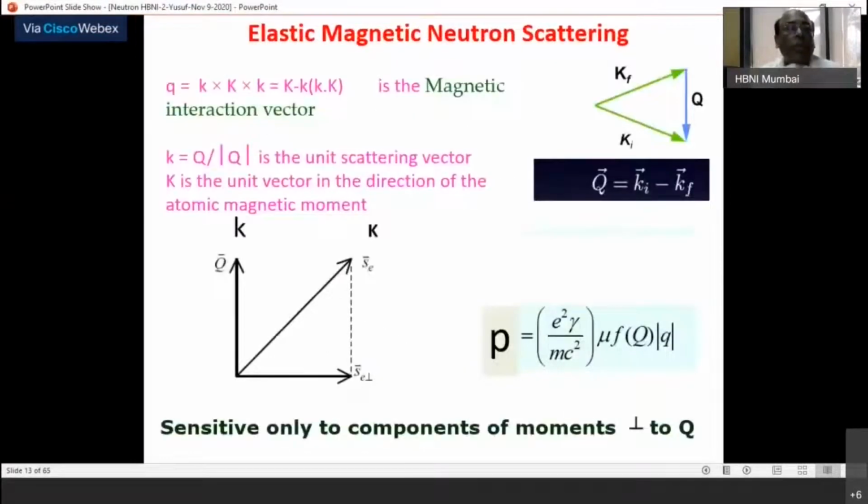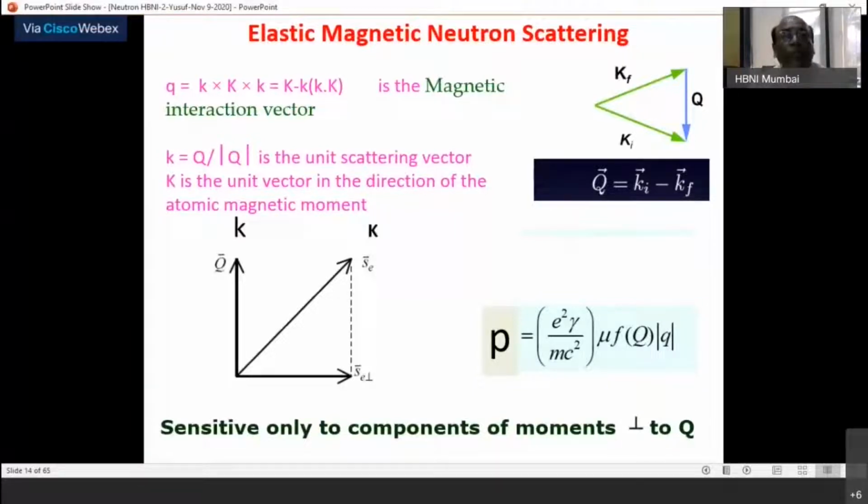Now, next one. Another important concept here, I need to spend maybe 10 minutes or more, because this is very, very relevant for magnetic scattering using neutrons. Of course, I will not be doing the detailed derivation, which you can always see in the reference books, but since you will be more or less users of neutron scattering, if you know the end of this exercise, what you need to know, from that angle the concept I am going to give you today will be adequate.